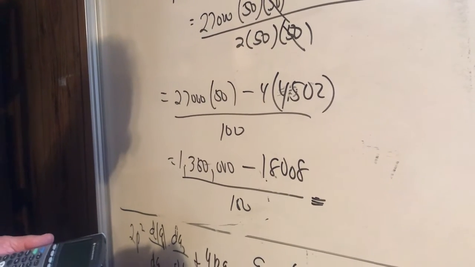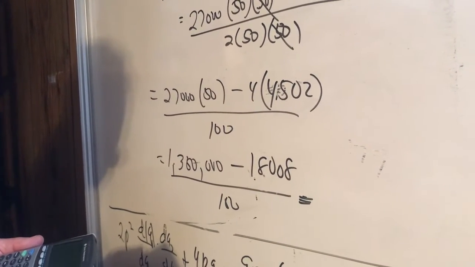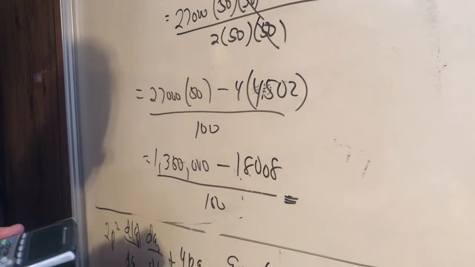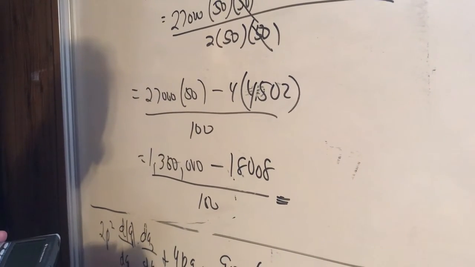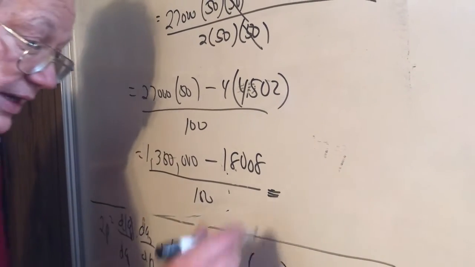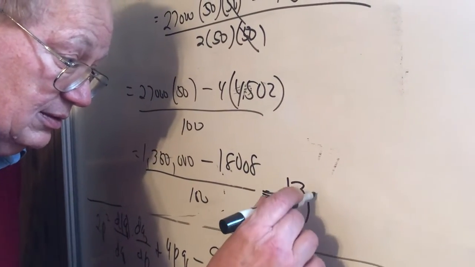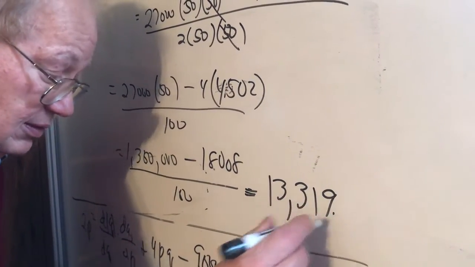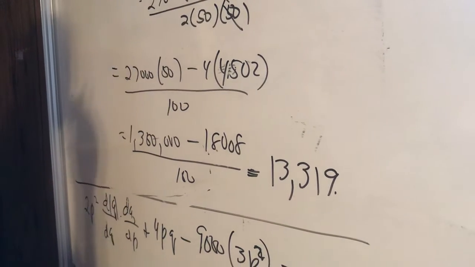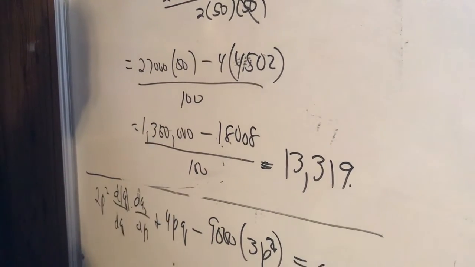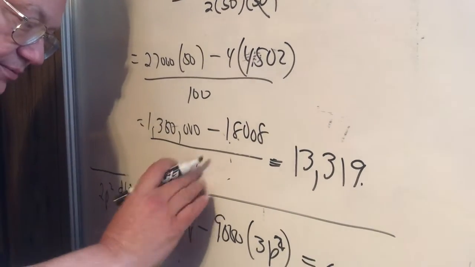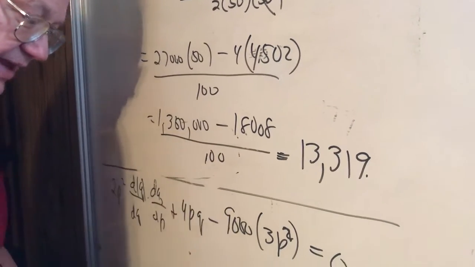So this gets divided by 100. And the answer becomes 13,319. Now, this was a big number here, and this was divided by 100. So we got it down.